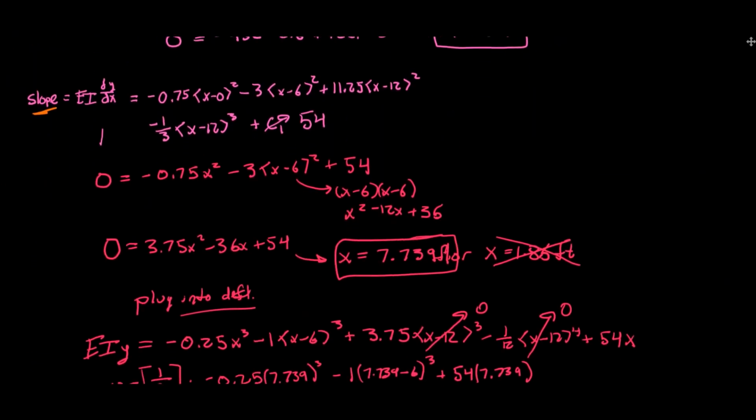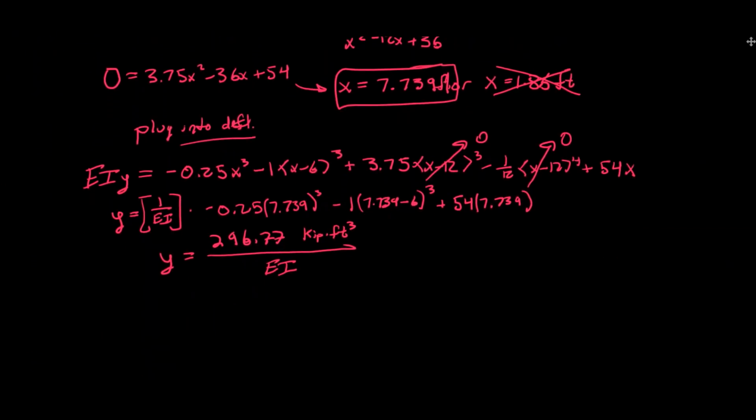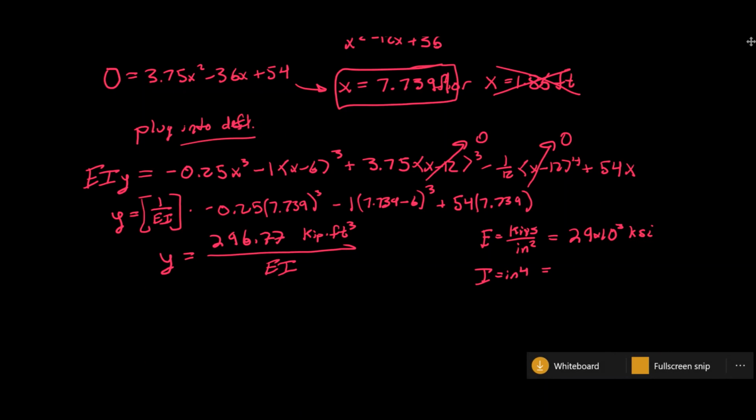Now when I divide by E and I, my E is in kips per inch squared, KSI, and that's going to be 29 times 10 to the third, I believe it was. So I have inches over here, and my I is going to be in inches to the fourth, which is equal to 204 inches to the fourth.